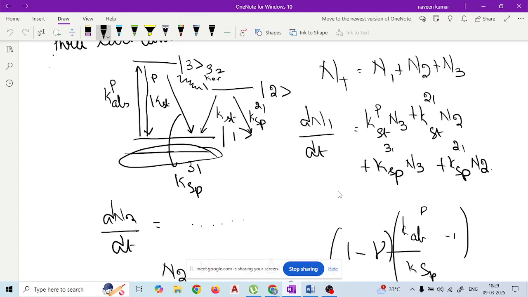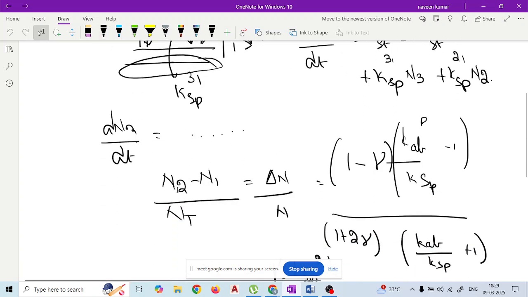Then when we go down to dN2, of course the spontaneous rate constant comes into the picture. The spontaneous emission goes from N3, that is N3 to 1, and 2 to 1 of N2. Right now our ultimate aim is to create an N2 minus N1.